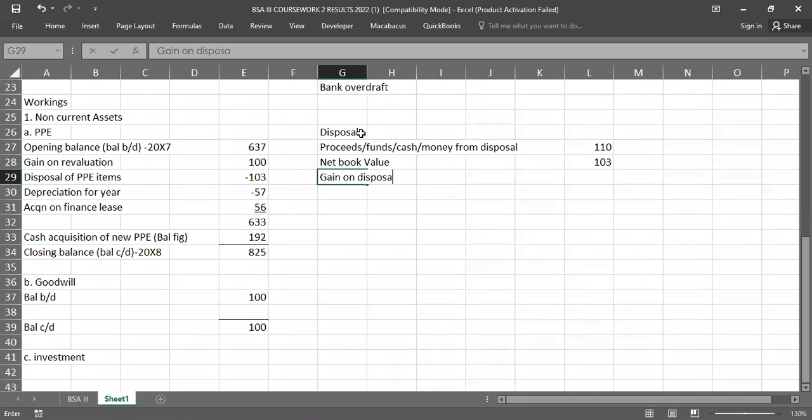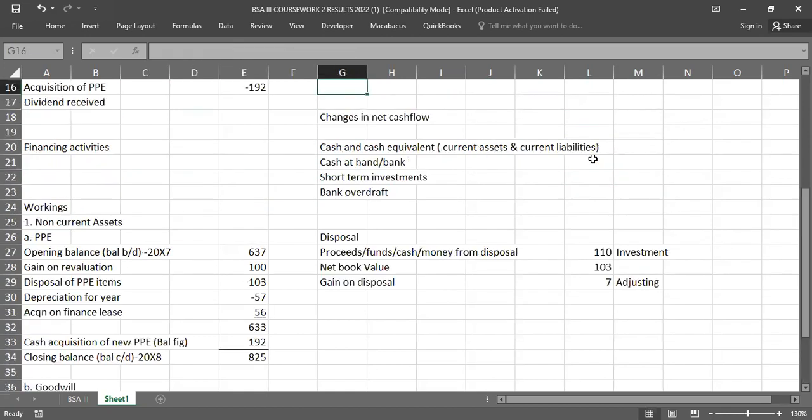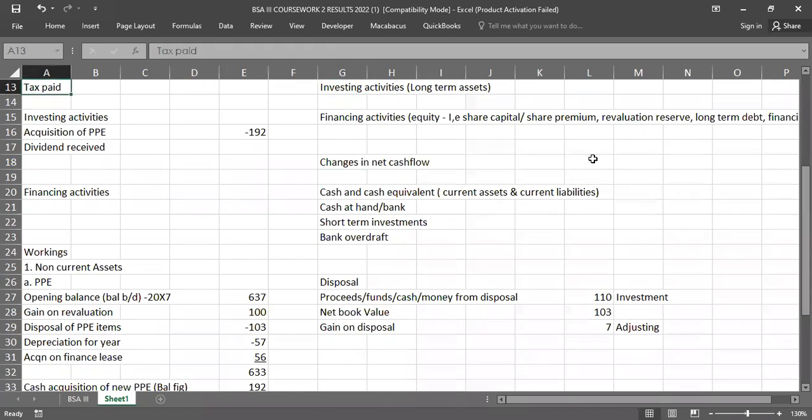Gain on disposal, 7. So this one is adjusting; you need to adjust for it under P&L. Then this proceeds is supposed to go under investment, because you have received money from the sale of a long-term asset. Then this reduces your fixed asset. I had forgotten these values, so you come under your investment.